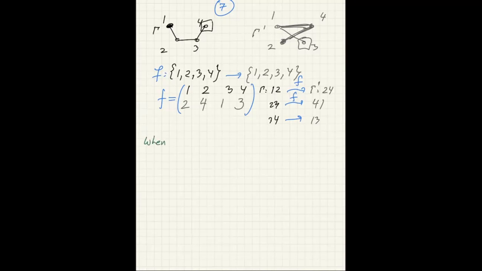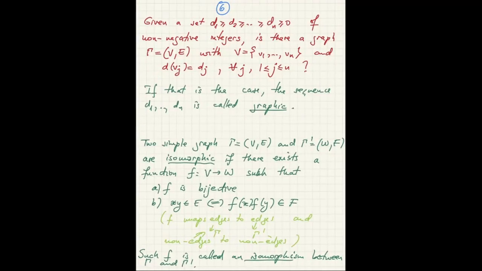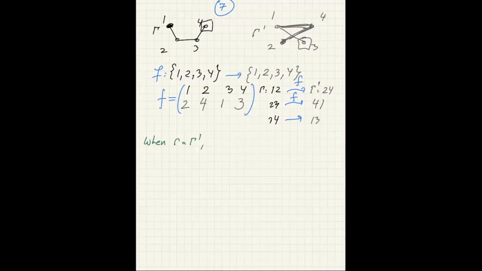Now, when the graphs gamma and gamma prime are the same, and you have this function F with this property, any isomorphism from gamma to gamma prime, so from gamma to itself, is called an automorphism of gamma.